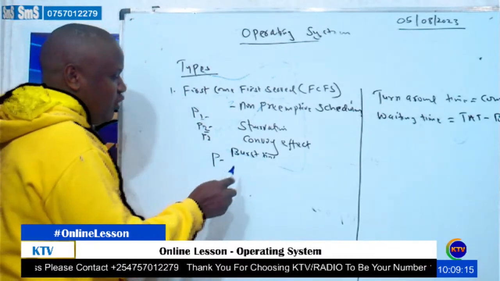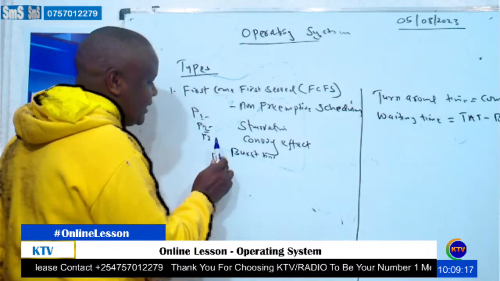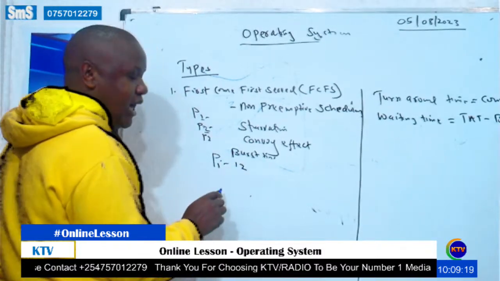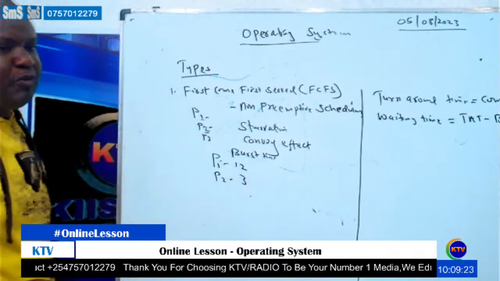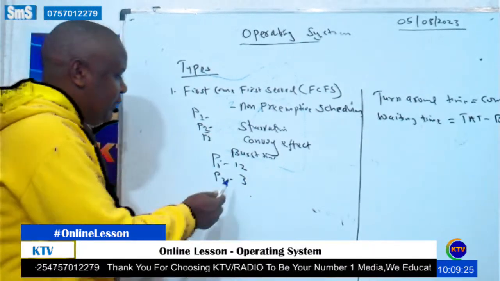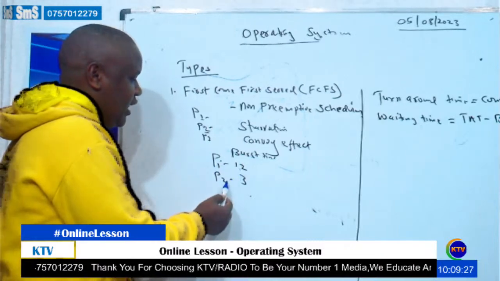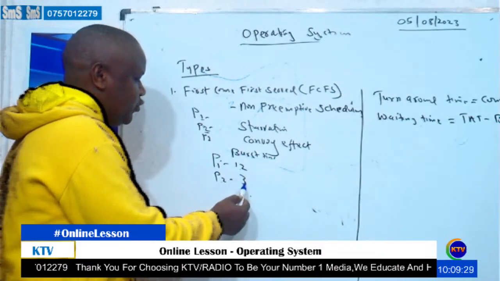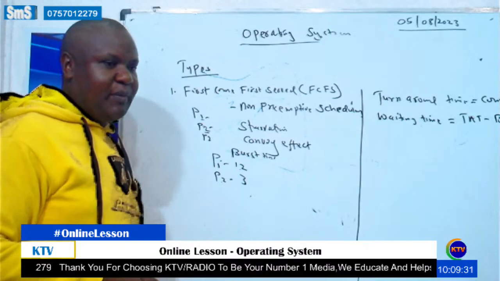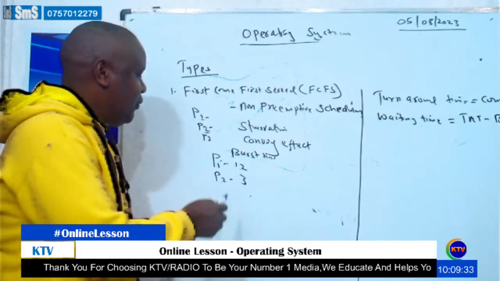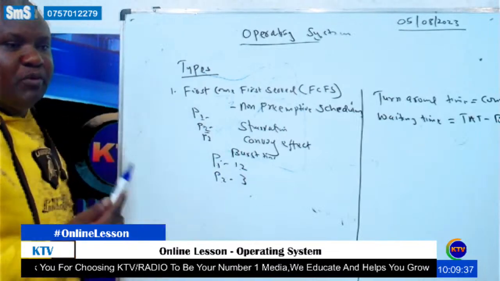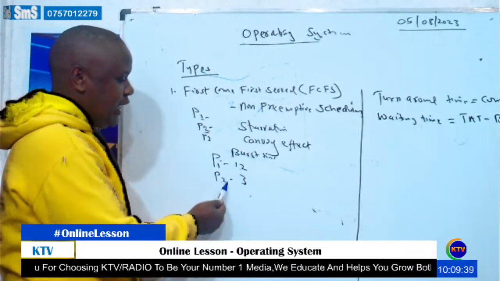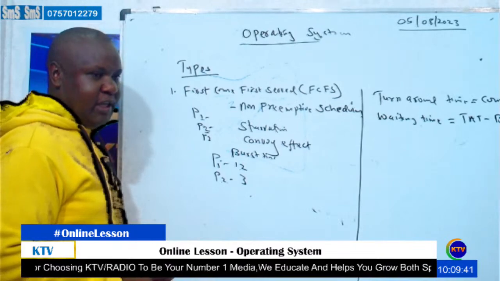Now then, in the case of process 1, the past time for process 1 is 12, and for process 2 it is 3. Which one is going to be given the priority between the two? Even if process 1 arrived earlier, this process will be forcefully removed from the CPU, and process 2 will be allowed in.